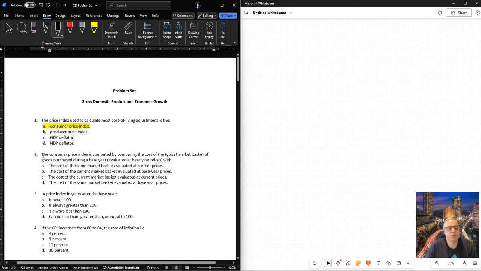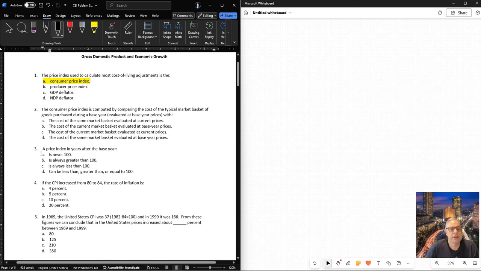So, okay, let's move to 2. The consumer price index is computed by comparing the cost of a typical market basket of goods purchased during a base year evaluated at base year prices with A, the cost of the same market basket evaluated at current prices.